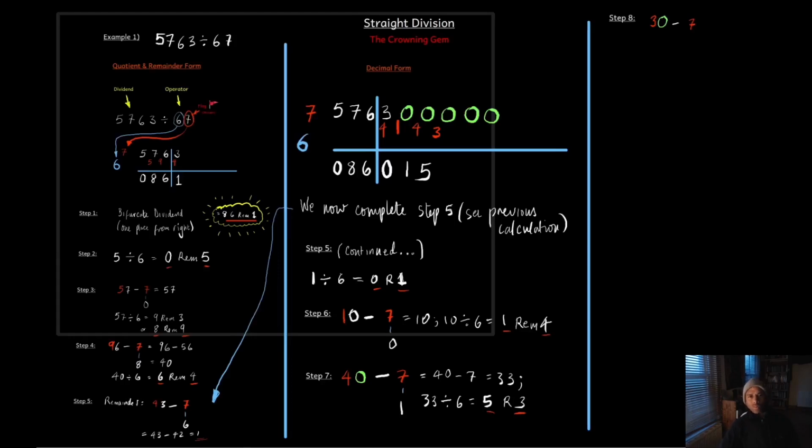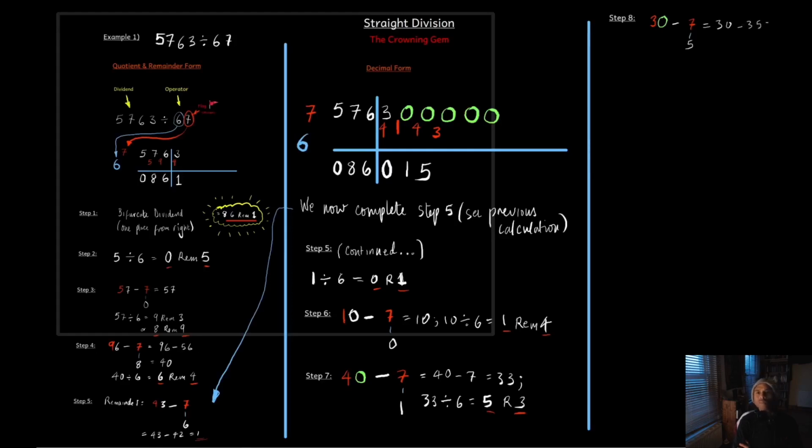We've got a gross dividend of 30, take away 7 times the latest quotient digit, which is 5. So 30 minus 7 times 5, so that's 30 minus 35. Takes us into negative territory now. So that's minus 5.